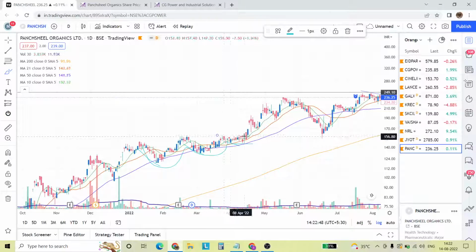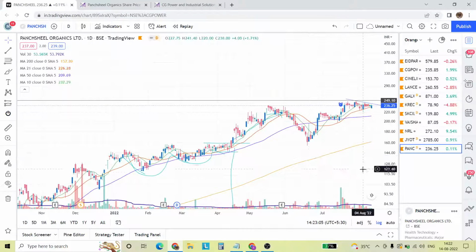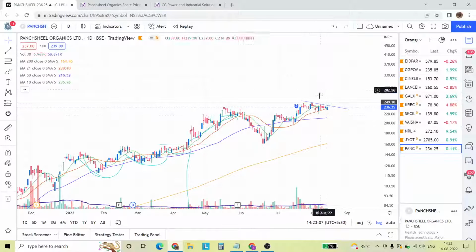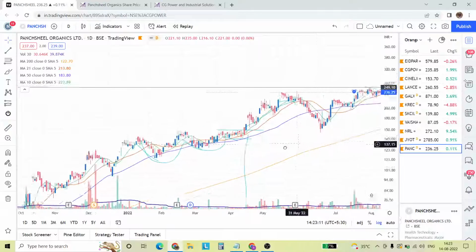There is no volume over here, there is no supply. And once even a little bit of supply comes in, as you can see here, after that the stock really goes up. I think this is a good move. This must be around how much? 38%. 38% in 35. That's good. That's really good. Even if I get a similar kind of move here, I'll be really happy. That's what I'm looking for.